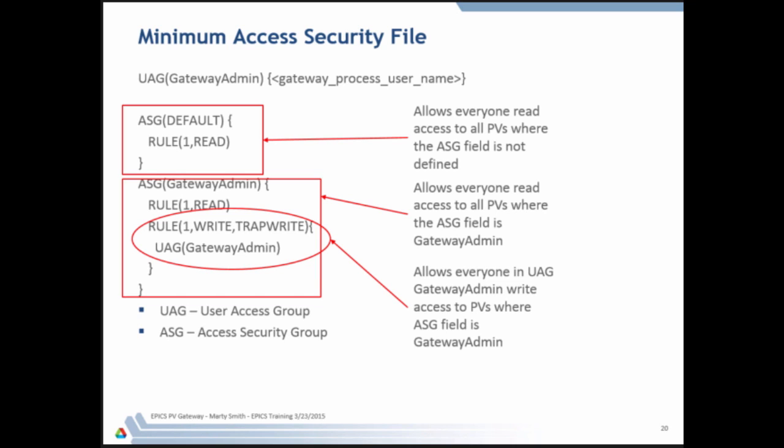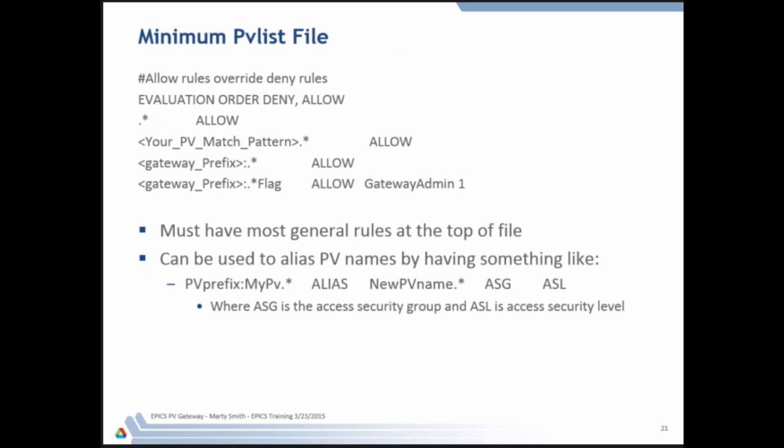So whoever I have in this list has both read and write access to that group of PVs. Any questions about that? Access security is a whole other animal here. Okay, so this is the minimum PV list file.